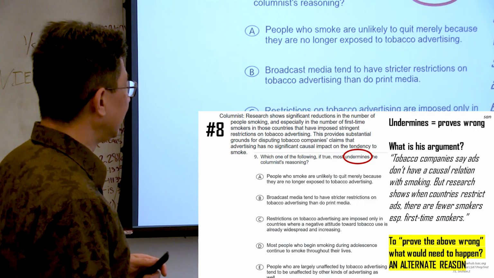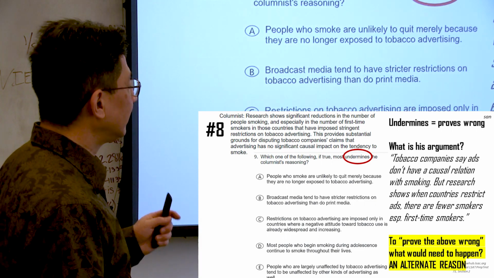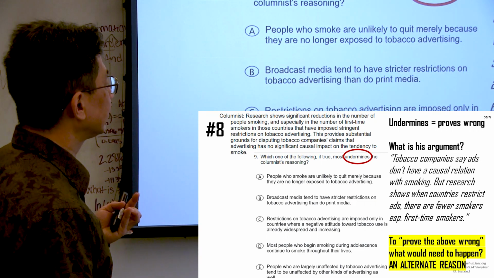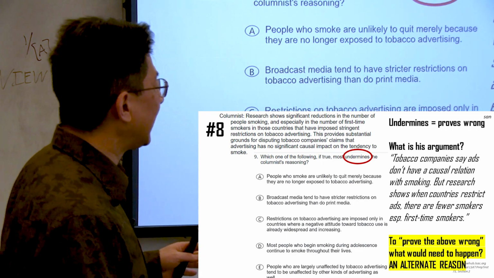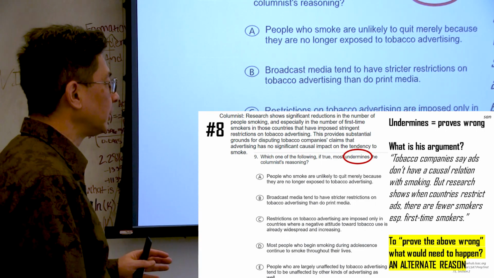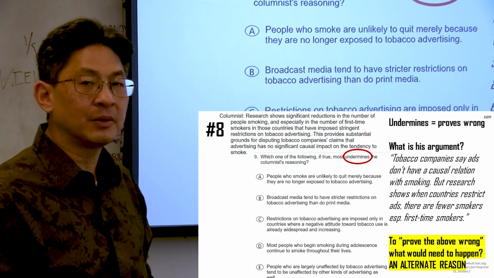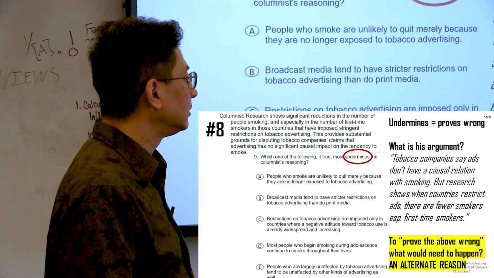So this undermining idea, to prove the above wrong, to prove this whole argument I gave you wrong, what would need to happen? So the argument being, tobacco companies say ads do not have a causal relation with smoking. Research shows countries that restrict ads have fewer smokers. How do we prove that wrong?